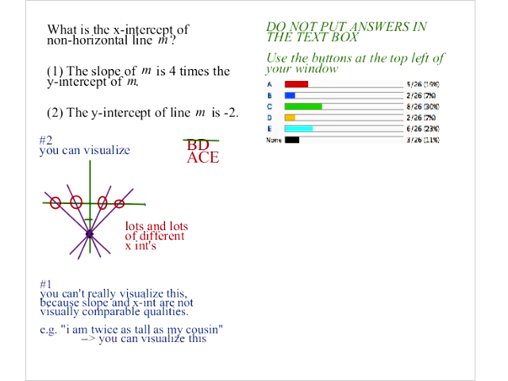But if I say something like my height in centimeters is about twice my weight in kilograms, you can't visualize this. Because those aren't comparable. You can't visualize a comparison between height and weight unless you actually think about specific numbers, which is not the point.